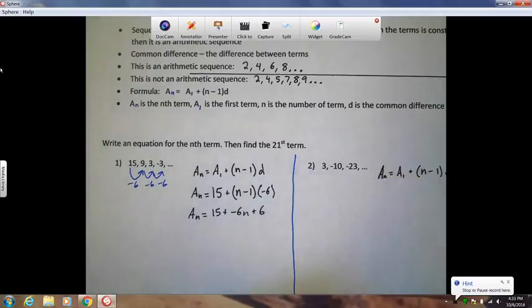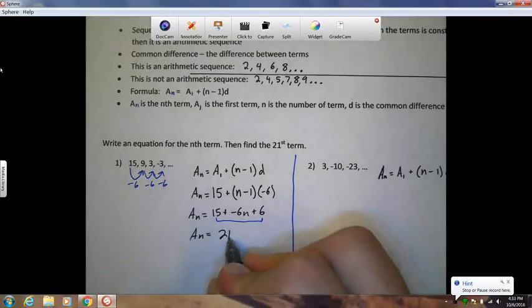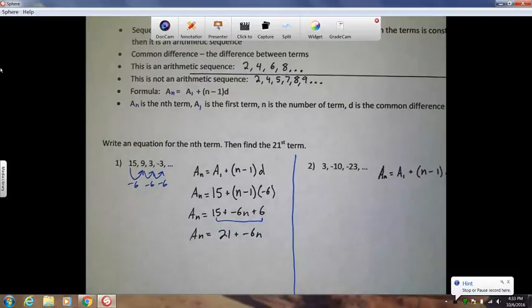I do distributive property. Make sure you know that it's negative 6 times negative 1, so it's a positive 6. So distributive property, now if there's any like terms, those two are my like terms. So there is an equation for the nth term.